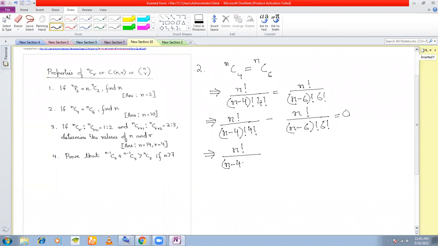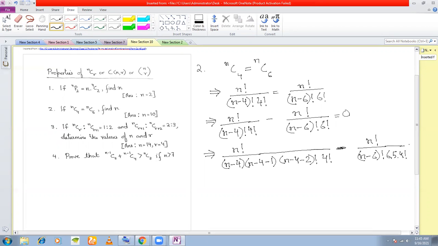Factorial n minus 4, what you can write? You can write factorial n minus 4 as (n minus 4) into (n minus 4 minus 1) into (n minus 4 minus 2) factorial, right? And factorial 4 you write as it is, minus factorial n by factorial n minus 6 you write here, and factorial 6 can be written as 6 into 5 into factorial 4 is equal to 0.